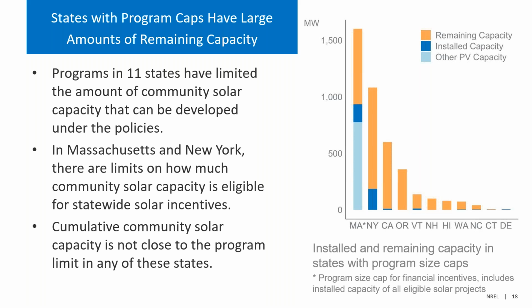We do see, however, that states generally have plenty of capacity left in those caps. In Massachusetts and New York, there are limits for the statewide incentives overall, but not specific to community solar. So something to keep in mind when you're looking at state potential is whether those program capacity caps are in play.